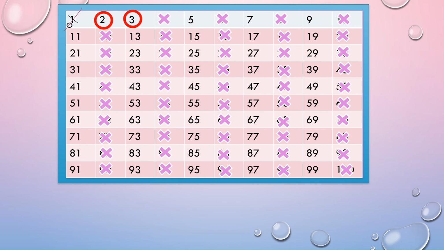So let's start. 3 ones are 3, which we have circled. Now we're going to cross out. 3 twos are 6. It's already crossed out. Can you see after 5?